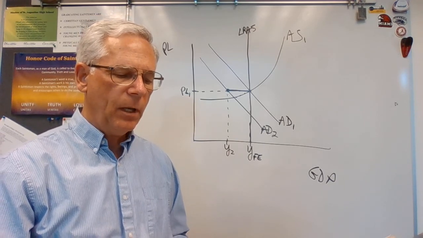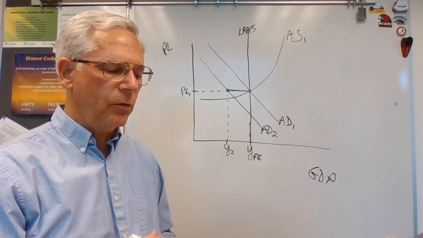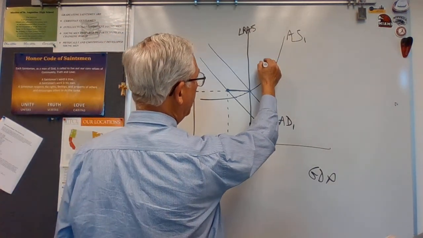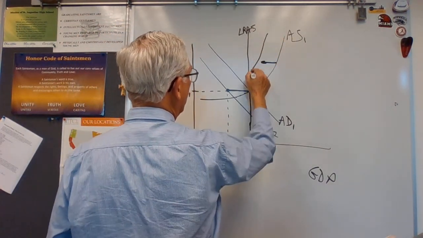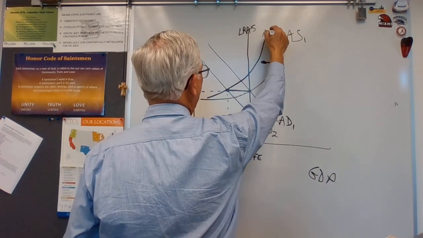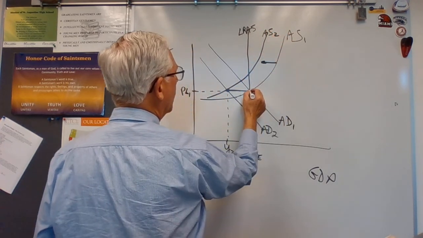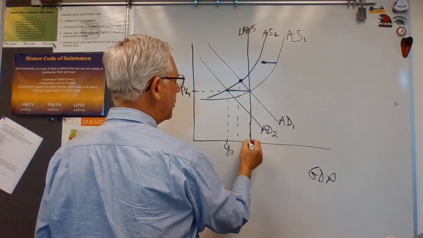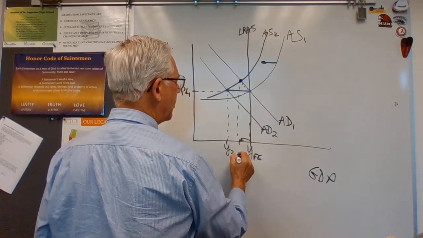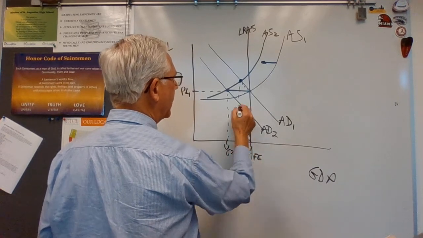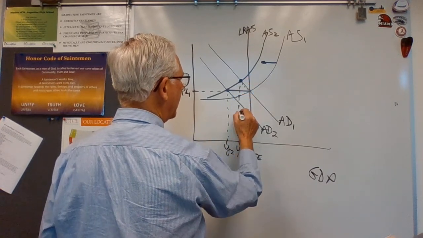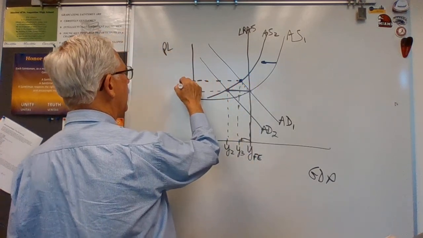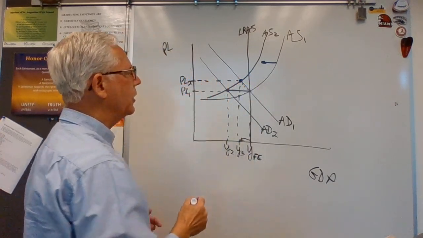It's a true statement. A decrease in aggregate supply will unambiguously, so if aggregate supply shifts to the left, let's say it comes over here to AS2, we move here, output declines. Let's call this Y3 this time, associated with that output right there. But the price level goes up to PL2.